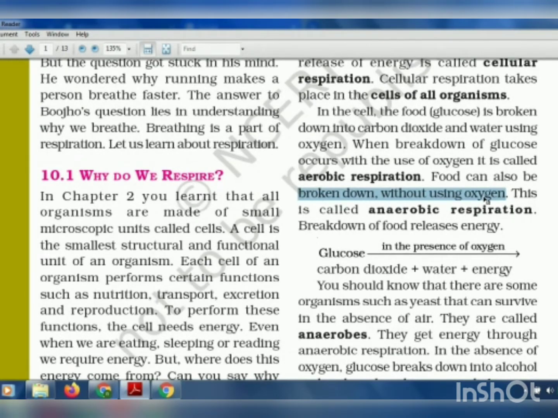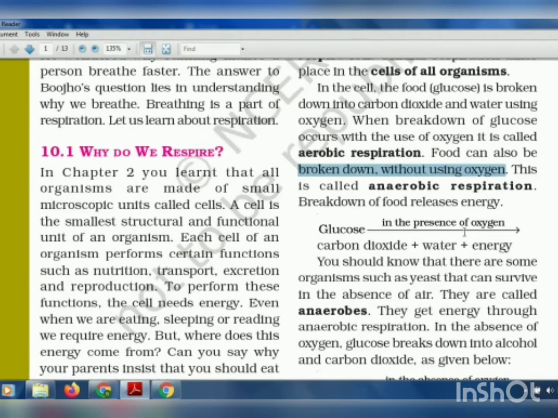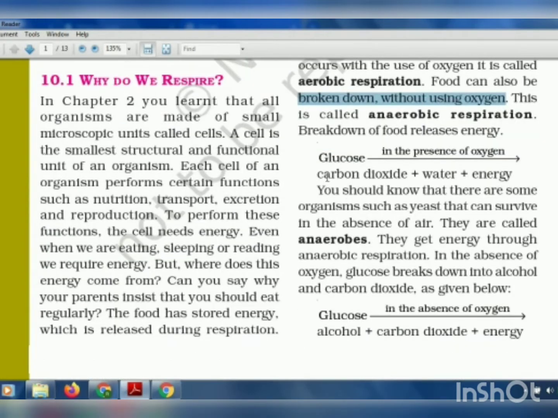Now, these are the equations given for aerobic and anaerobic respiration. In aerobic respiration, glucose in the presence of oxygen gives carbon dioxide, water, and energy. And this is the other equation, for anaerobic respiration, in which glucose is broken down in the absence of oxygen and gives alcohol, carbon dioxide, and energy.